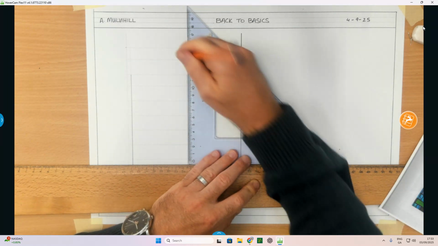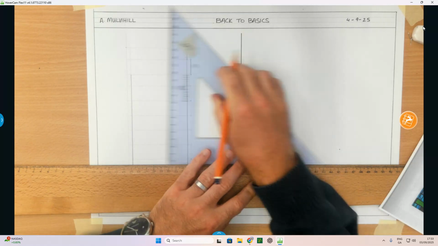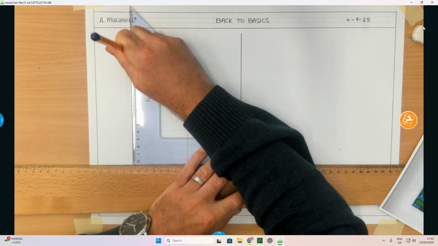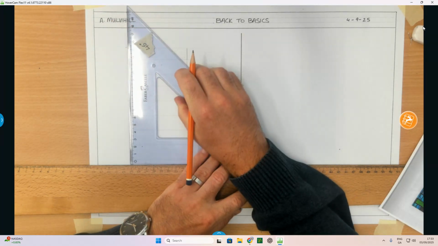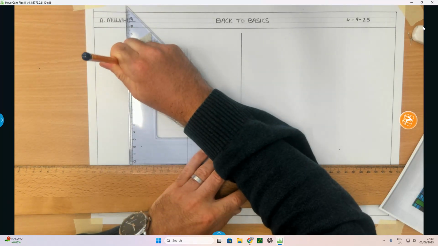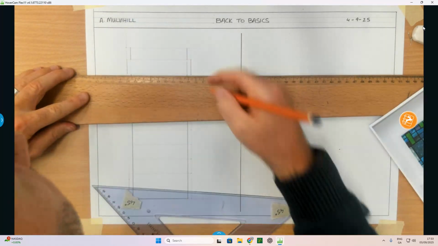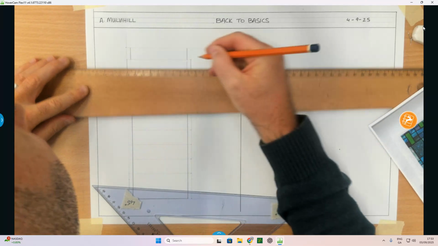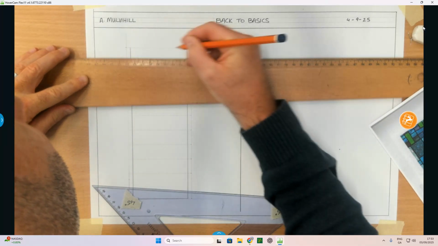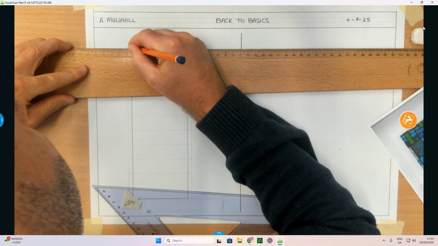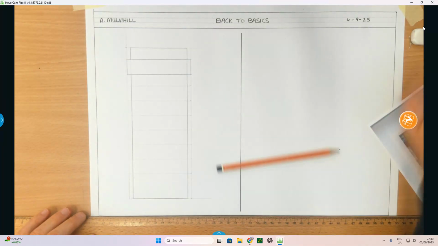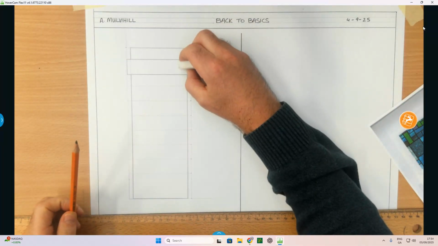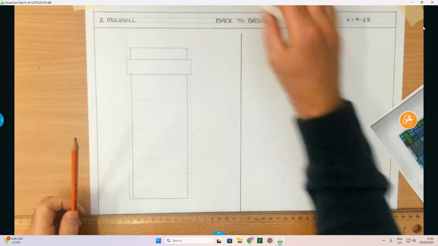There. There. There we go. There's the outline, and I just heavied in a little bit much there. So we're about that bit there.